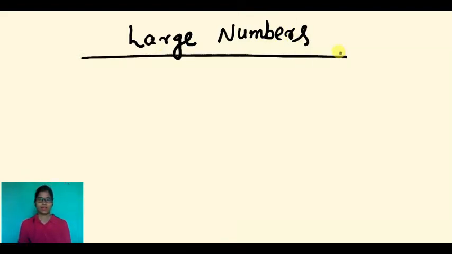Okay children, before we start the chapter, if I ask you what is the strength of your class, you know about the number, you can easily tell that the strength of my class is 30, or if your class strength is 35, you will tell 35 according to your class strength. If I ask you how many fingers in your hand, you can easily tell, ma'am, there are 5 fingers in my hand.